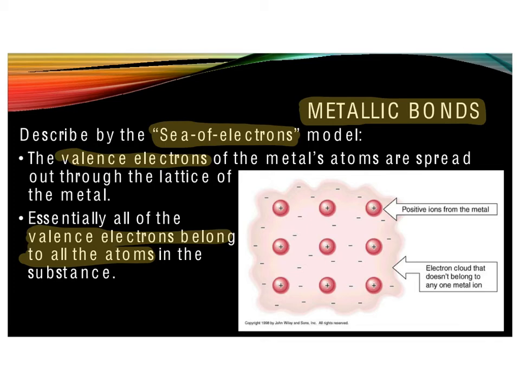And what this leads to is you've got all the positive nuclei and then this sea of electrons, like one giant electron cloud, a combination of orbitals that is spread out among all the atoms in the sample. And that leads to very cool and nifty properties of metals that we don't really get to see anywhere else.